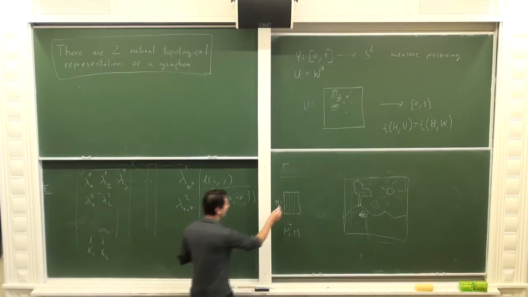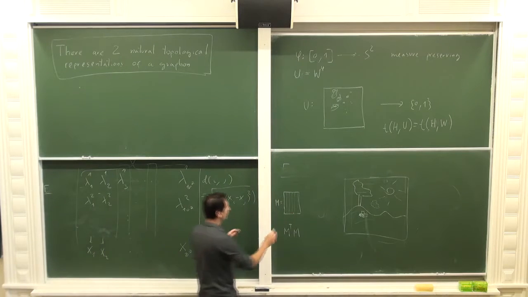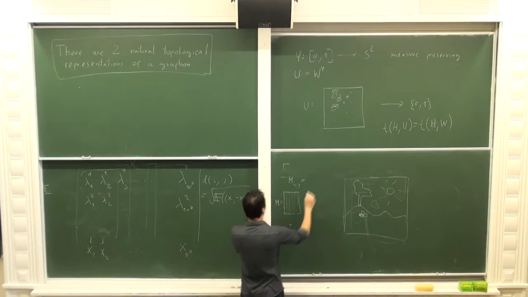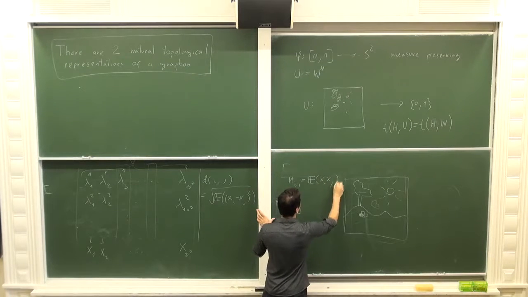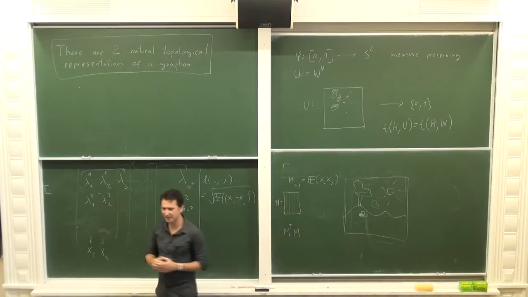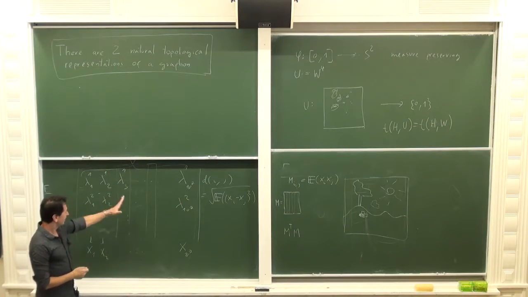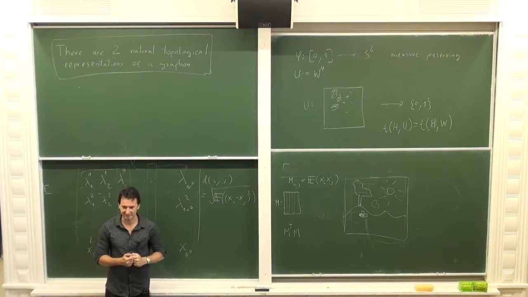So basically the entries M_ij are just the expectation of x_i times x_j. So this is a semi-definite matrix. And then you do the previous method for this new matrix.